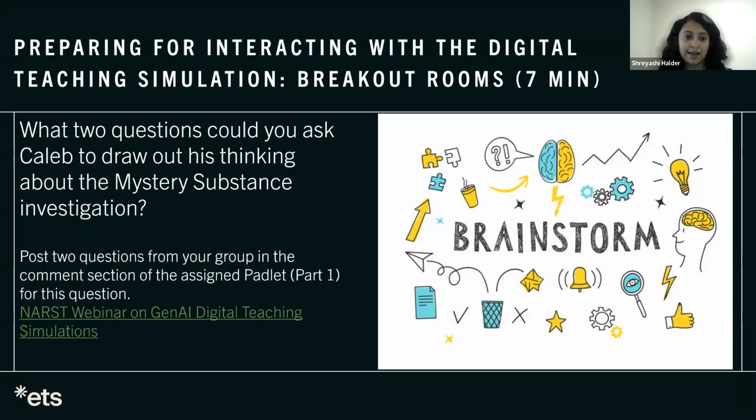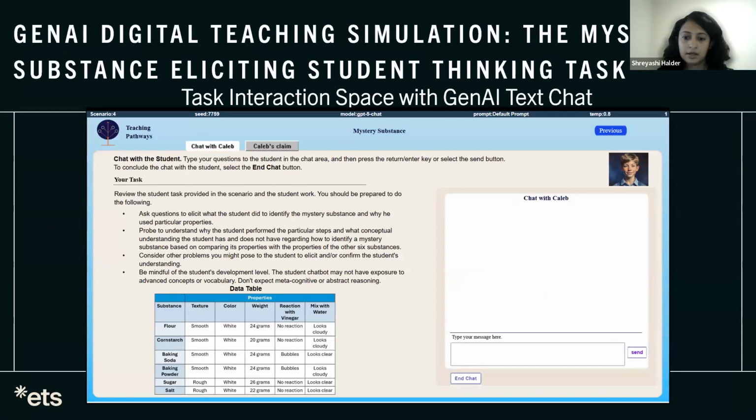So moving to the next slide. This is the screenshot. You can see the last screen inside the interface that has two tabs through which you can engage with the simulation. After becoming very familiar with the task goals, scenarios, students' work, and task instructions, you can chat through written text messages with Caleb using the interface shown on the right side.